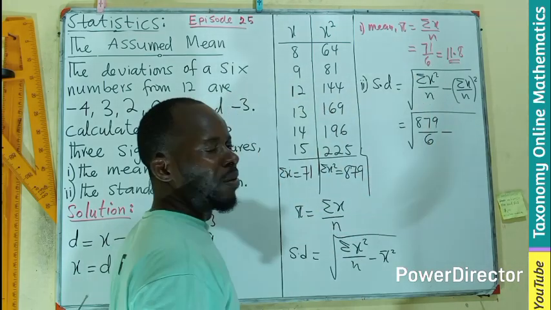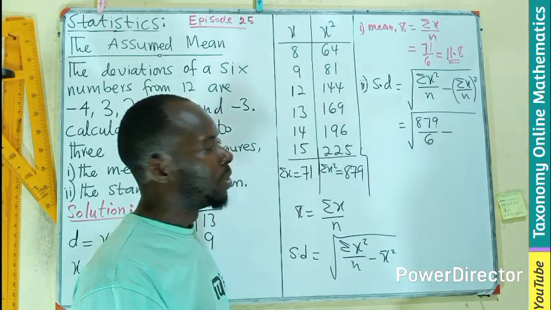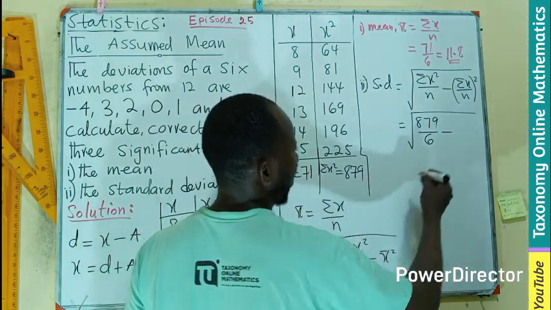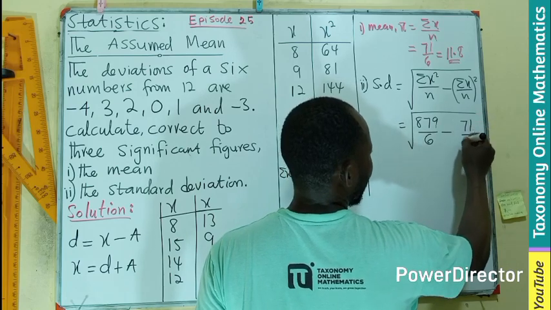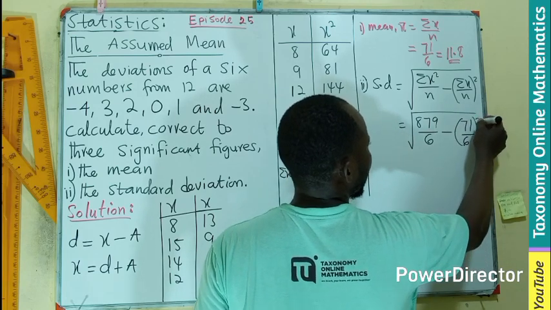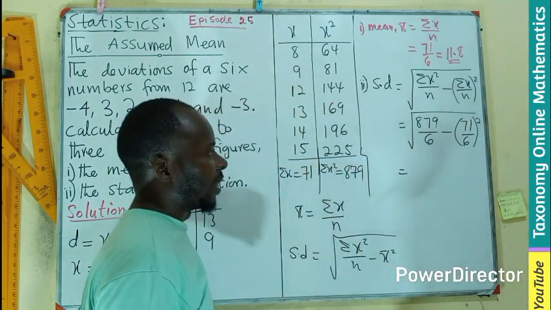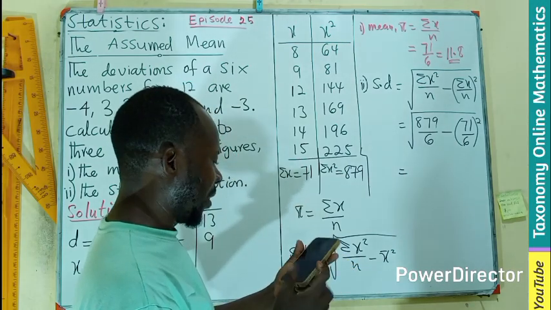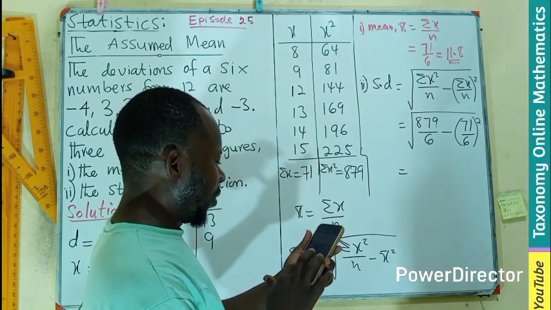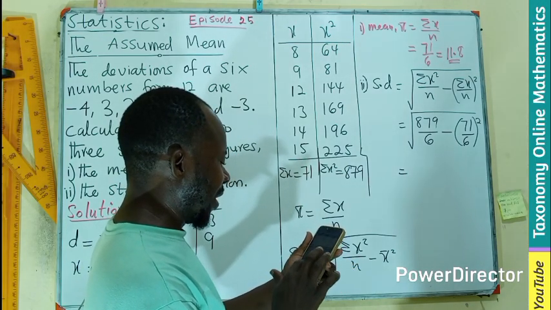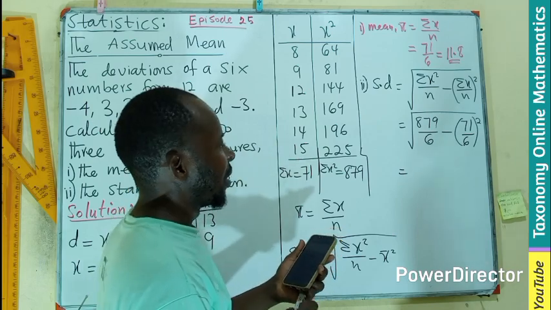I can just put 11.8, but that one is an approximation, so let's use the whole one. 71 over 6, all what? Squared. At this point, I'm going to put everything, okay? Let's go step by step. So we have 879 divided by 6.